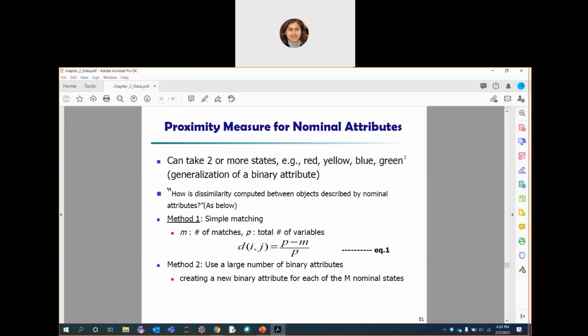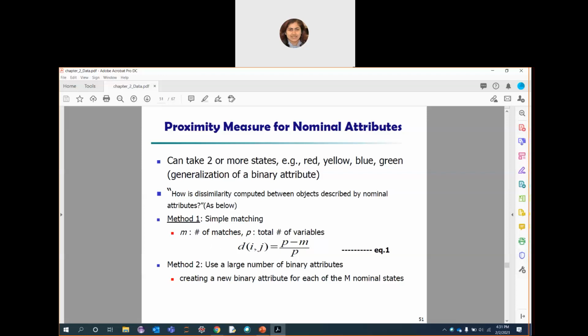Let the number of states of the nominal attribute be m. The states can be denoted by letters, symbols, or a set of integers, right? In the first method for finding the dissimilarity, simple matching, m is the number of matches, that is, the number of attributes for which i and j are in the same state, and p is the total number of variables describing the objects.